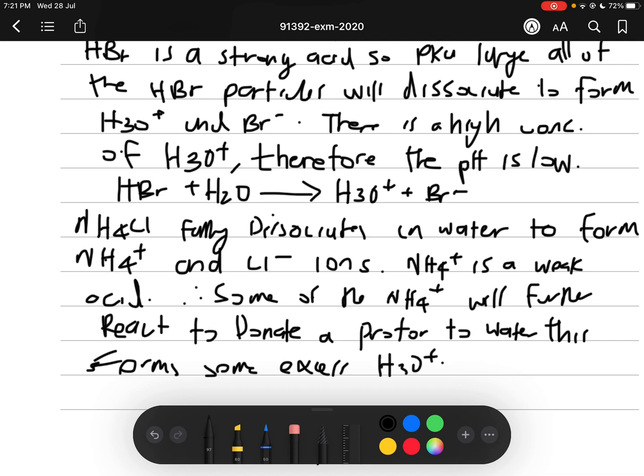But since NH4 plus is only a weak acid, the amount of hydronium formed is not as much as the HBr for the same concentration of HBr.